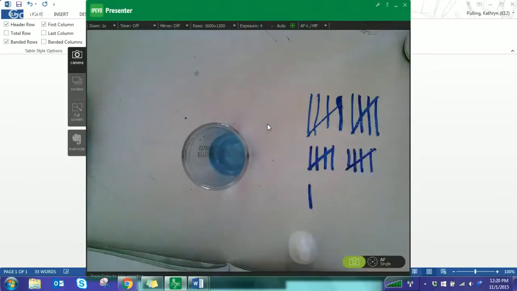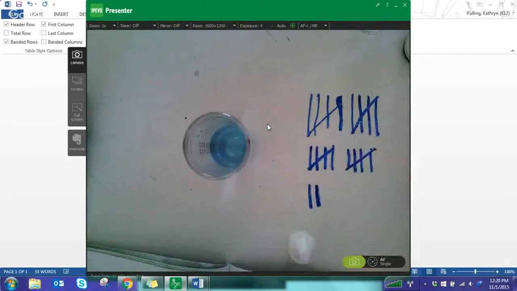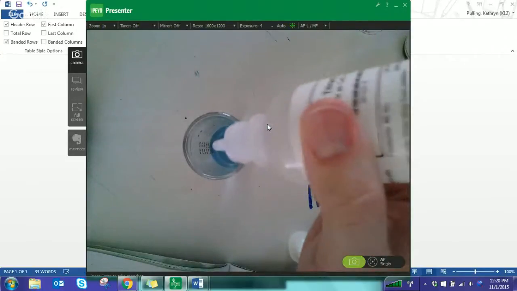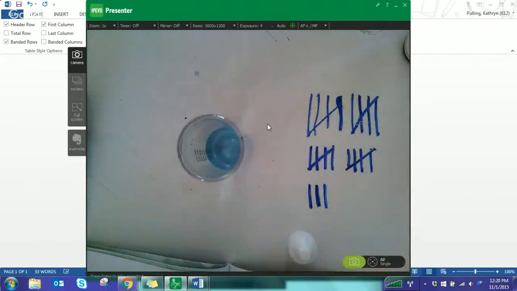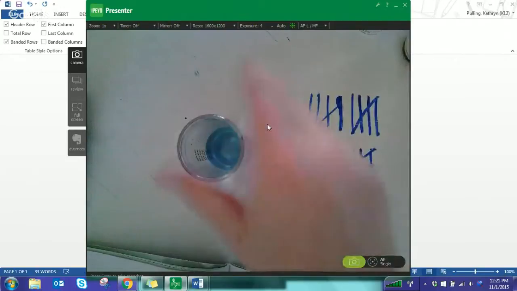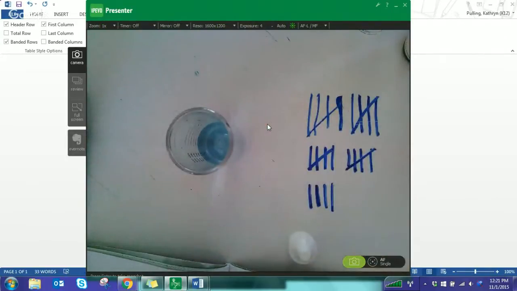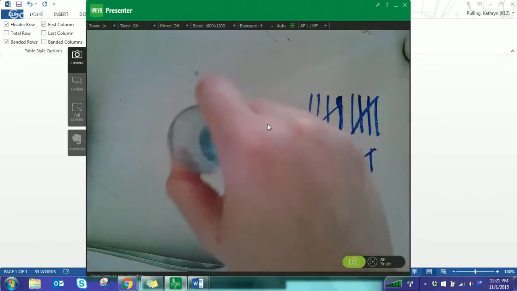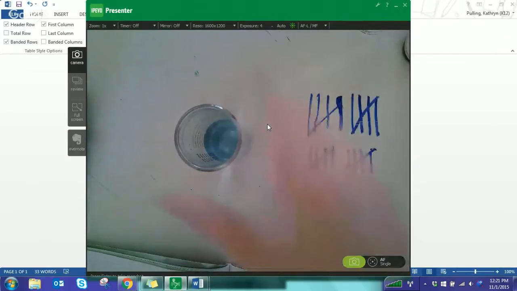21. 22. 23. 24. 25. I'm definitely getting a little bit lighter in blue, so we should be getting close, I think. 26.